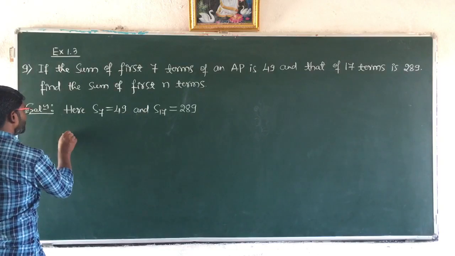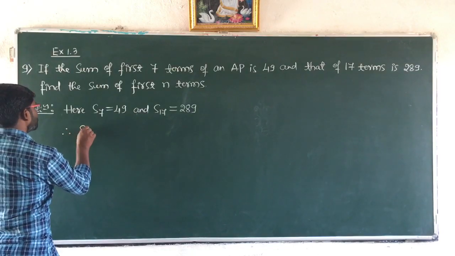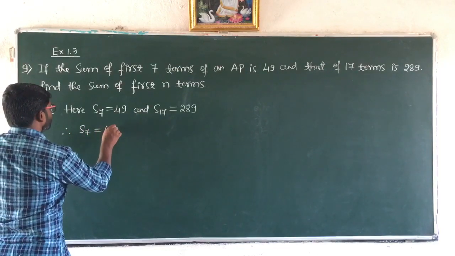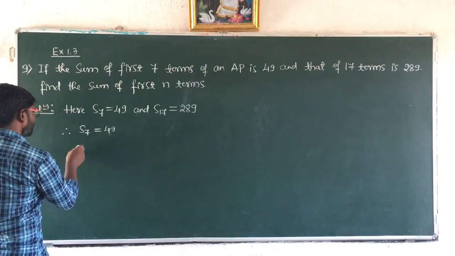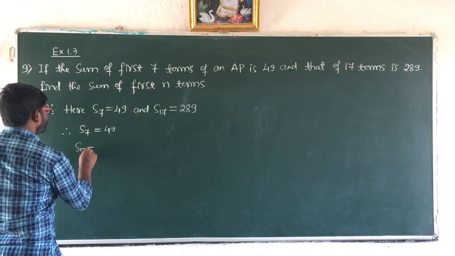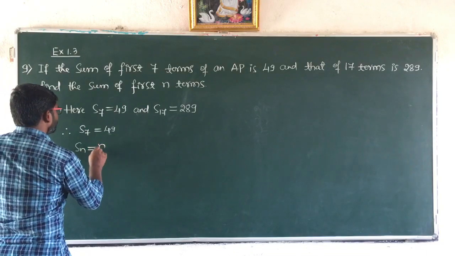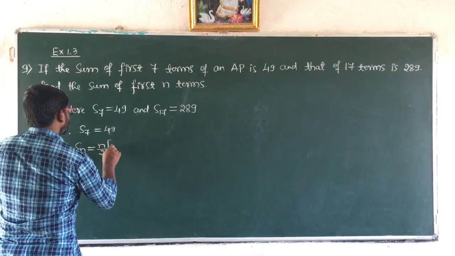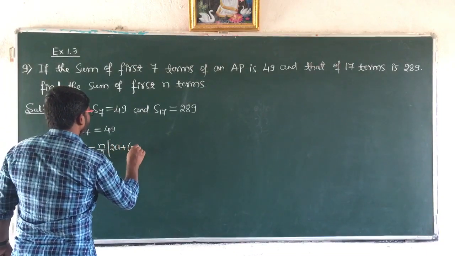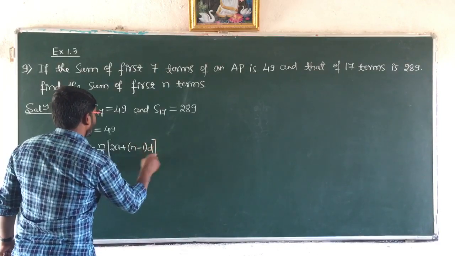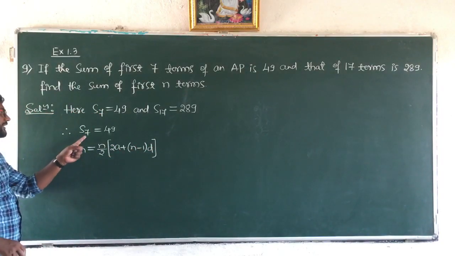So therefore S7 which is equal to 49. So here we have the formula Sn which is equal to n by 2 into 2a plus n minus 1 into d. So now the value of n it is 7.